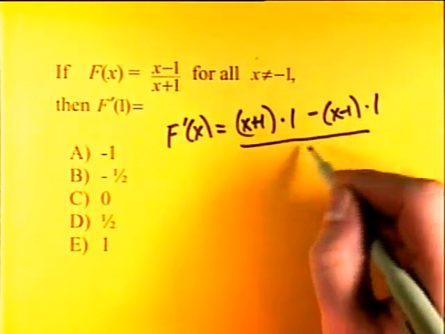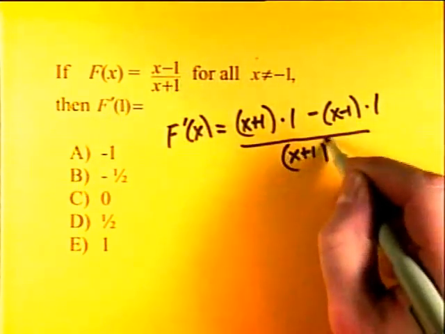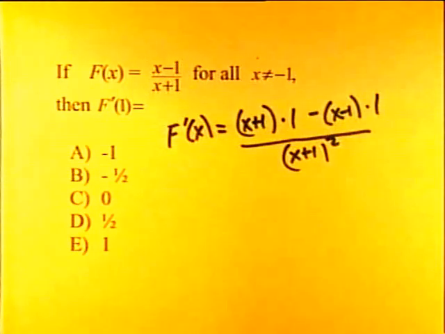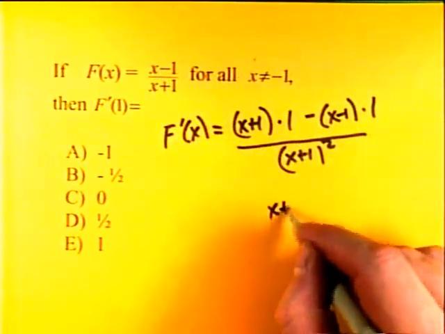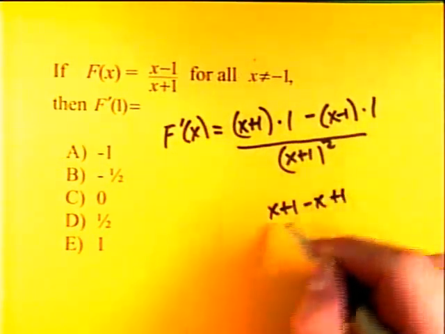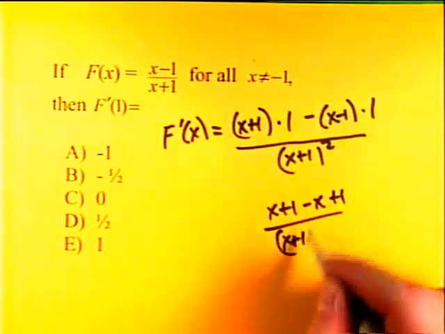over the denominator squared. Okay, good, Evelyn. Now, how do you simplify the numerator? Distribute the negative to the second one. Okay, what do you get? Negative x plus 1. So it becomes x plus 1 minus x plus 1, all over x plus 1 squared.